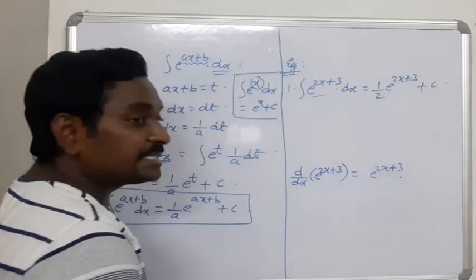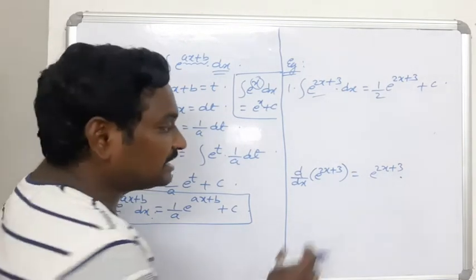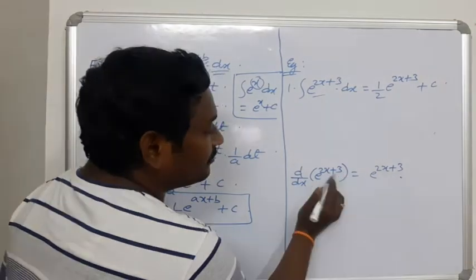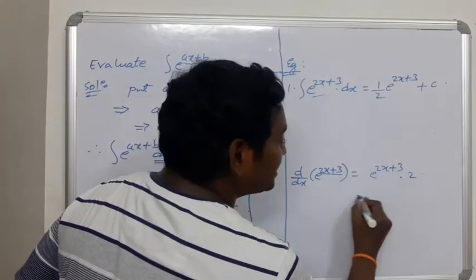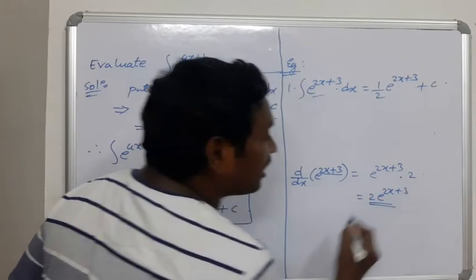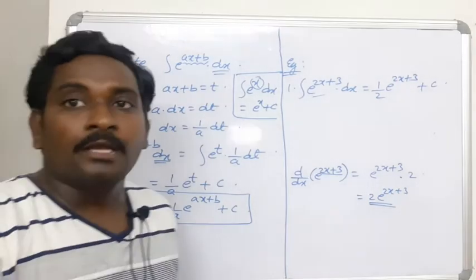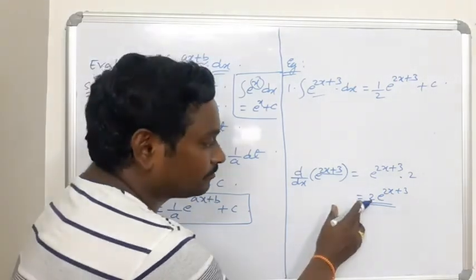And by using the chain rule, we should find the derivative of the internal term, nothing but the derivative of the power. What is the derivative of the power 2x plus 3? 2. That is 2 into e power 2x plus 3. So in the case of differentiation, the x coefficient should be written in the product.